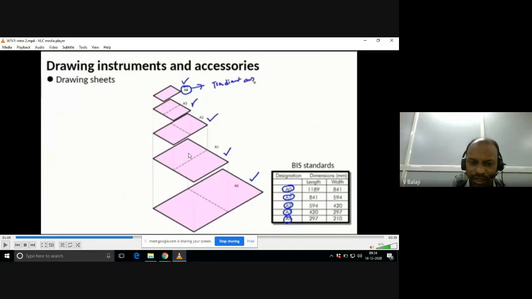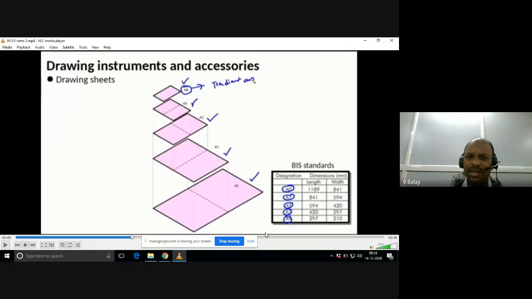Again double it, you can find A1. Again you can double it, you can find A0 drawing sheet. So that means exactly A4 is half of A3, A2 is half of A1, and A1 is half of A0.